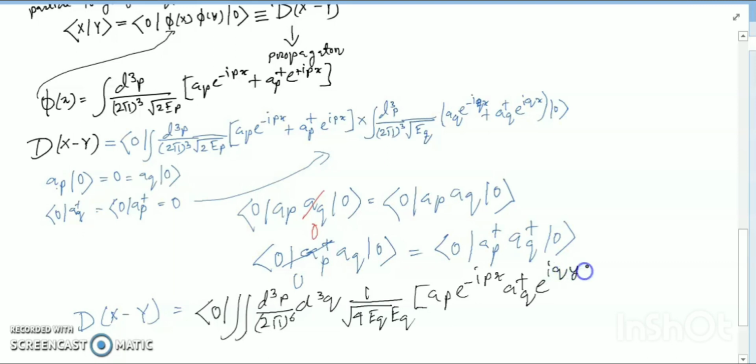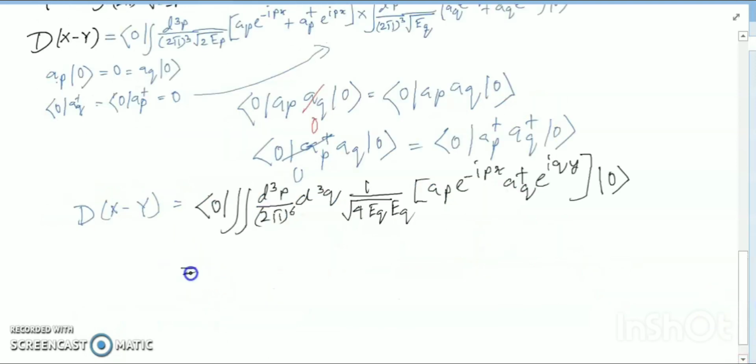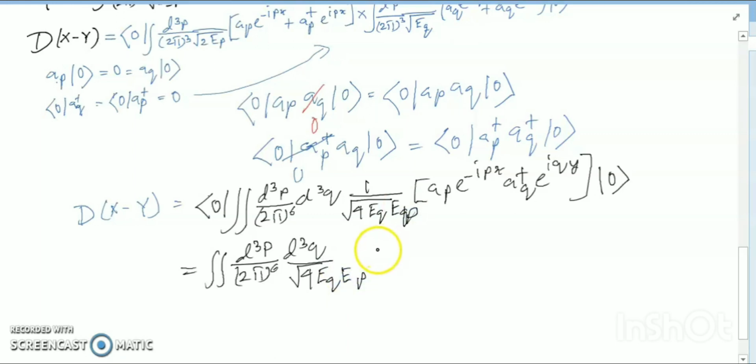And now we can use d^3q over the square root of 4 E_q E_p, and we can write this way: 0, a_p e^{-ipx}, and a_q dagger e^{iqy}, and 0.